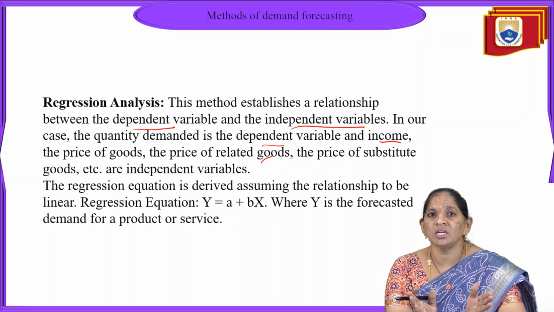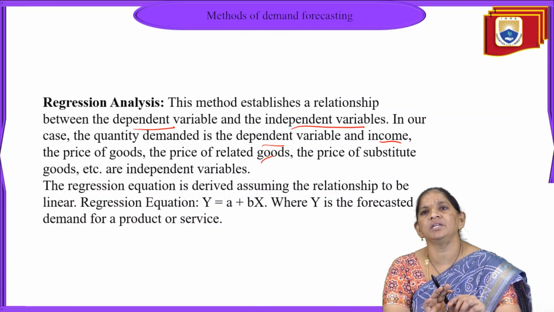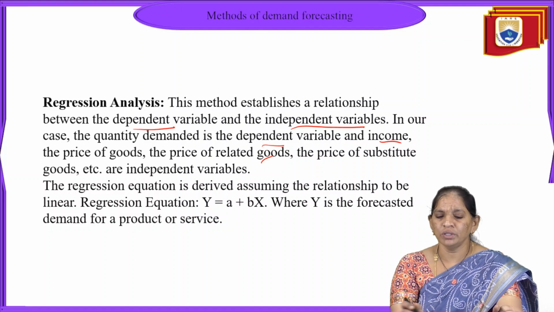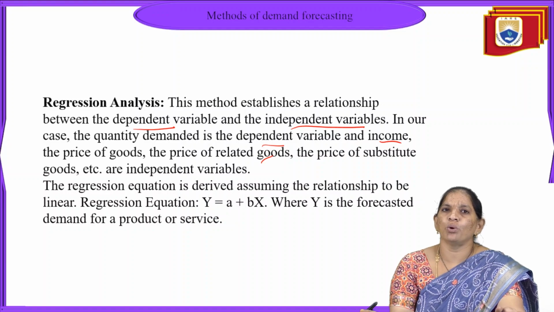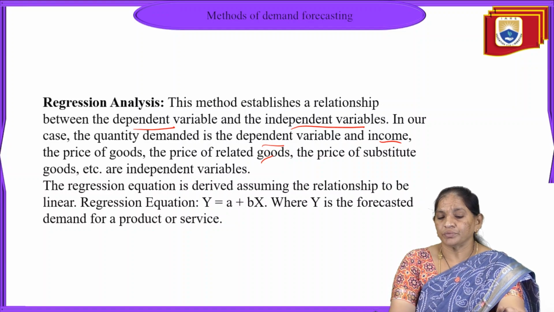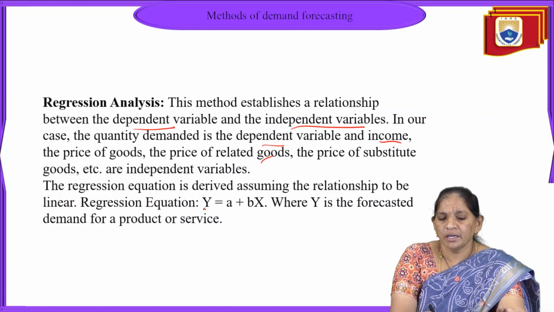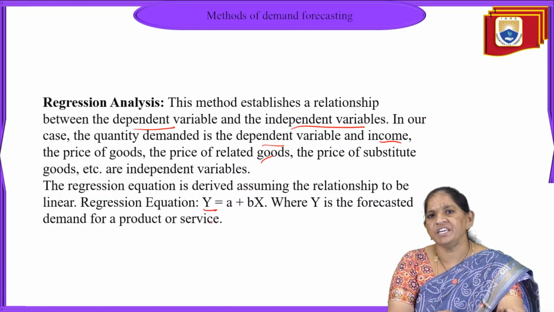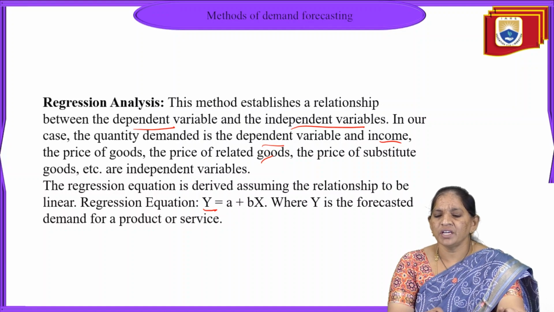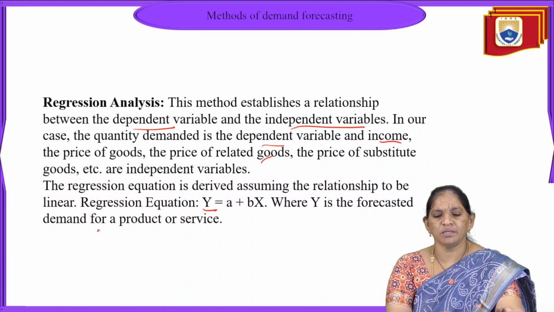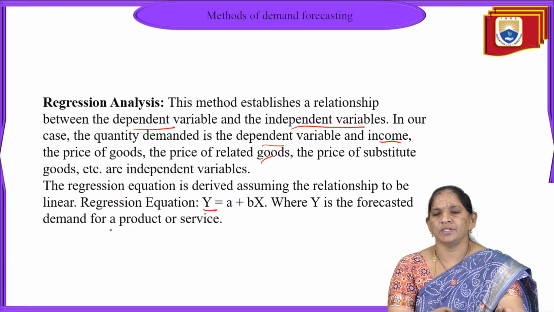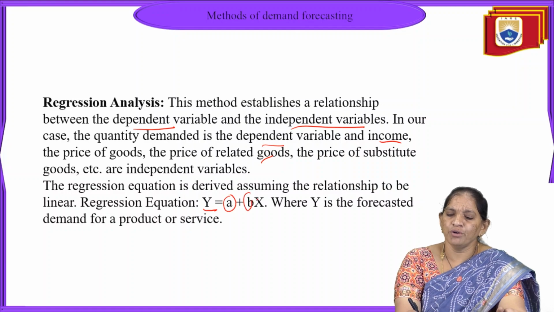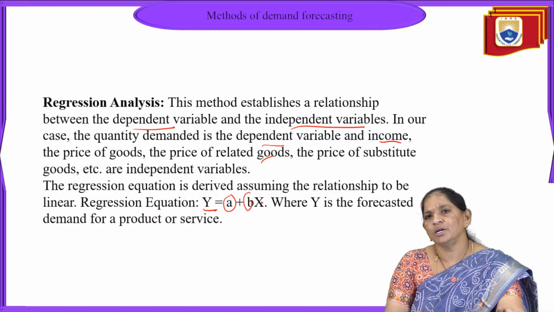By matching the relationship between these dependent and independent variables, we calculate the regression. As we know, the formula for regression analysis is y = a + bx, where y is the forecasted demand of a product or service.